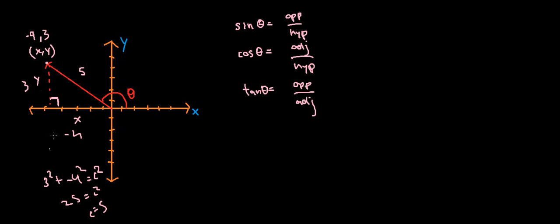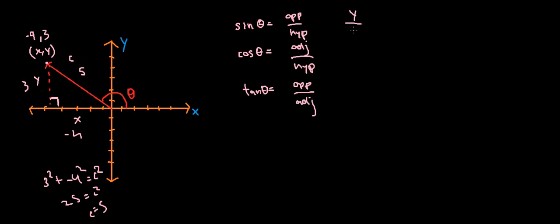So I just use the Pythagorean theorem, distance formula, whatever, it's all the same stuff, to figure out the length of this side. And now I can just use these ratios and talk about them in general terms. Sine would be the opposite over hypotenuse. That means it would be y, the y coordinate, over the hypotenuse, whatever I feel like calling that.